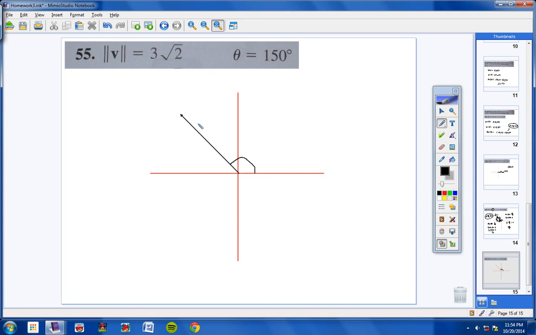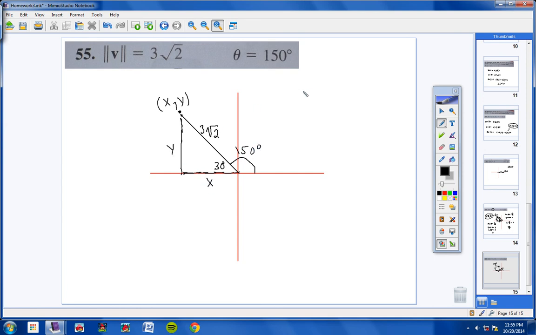The magnitude is 3 square root of 2. So we want to know what this ordered pair x, y is to find the component form. We know we're going to go down like this and then over. So this would be 30 degrees because this was 150, and this is my x and this is my y.